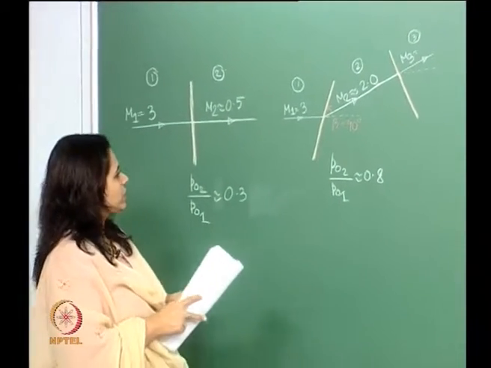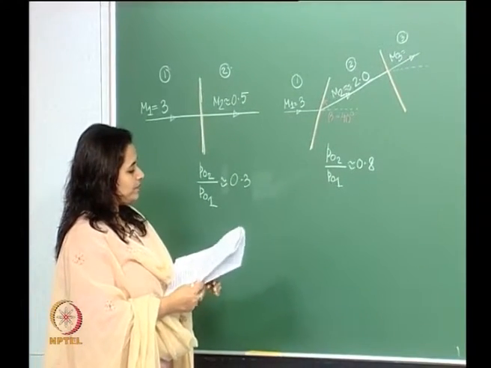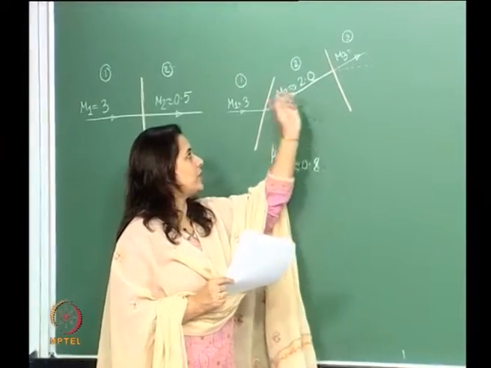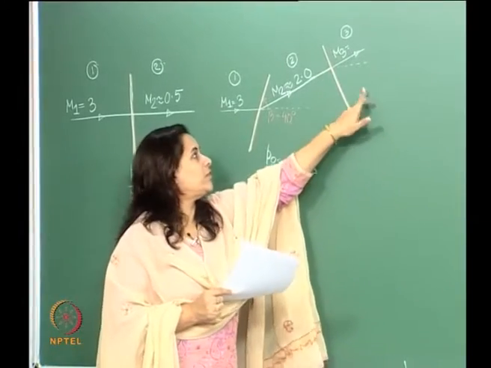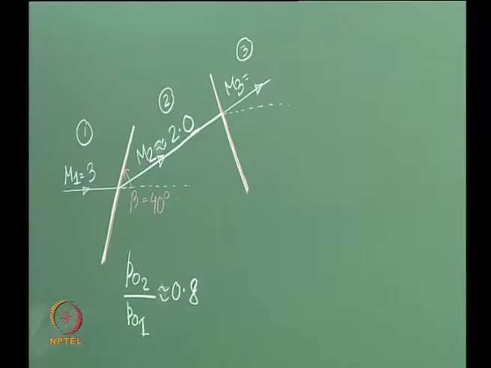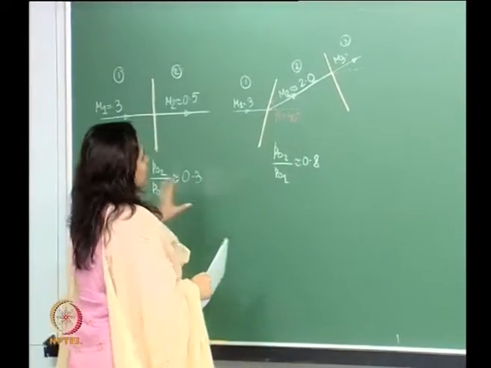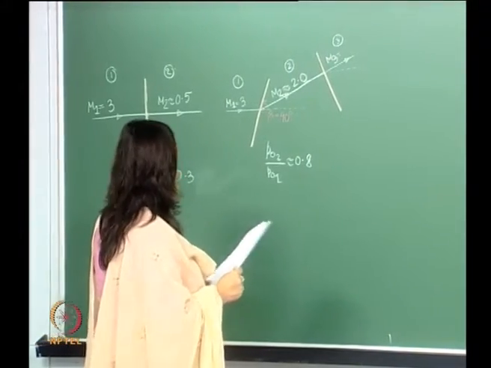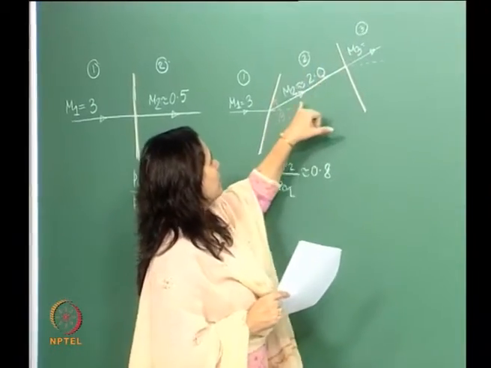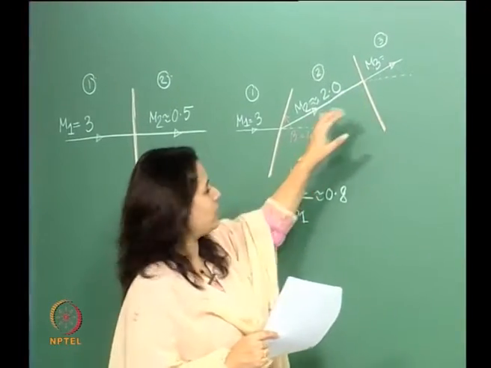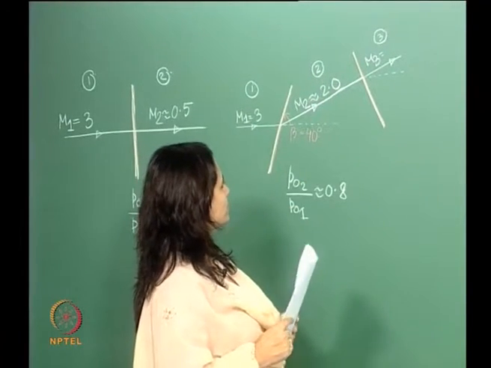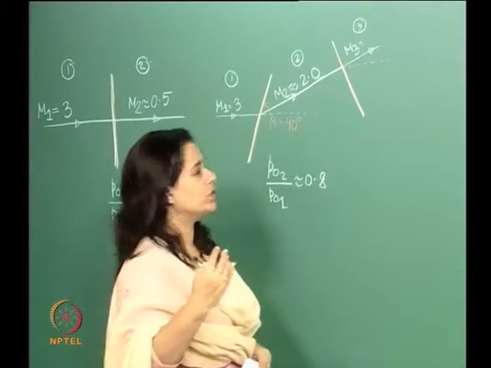Now what we're going to do is pass it through this normal shock and calculate the properties in region 3. This is our final region. Let's go to this next space here. For this normal shock, the incoming Mach number is around 2.